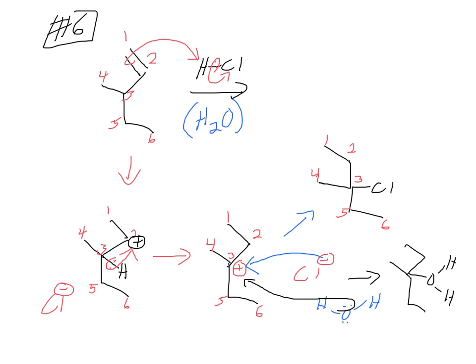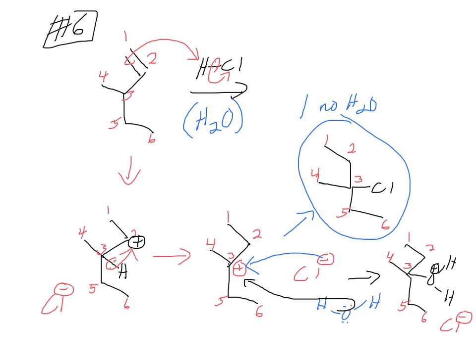Water could have attacked. Five, 6, and Cl minus is still there, right? So this is pathway 1, no H2O.